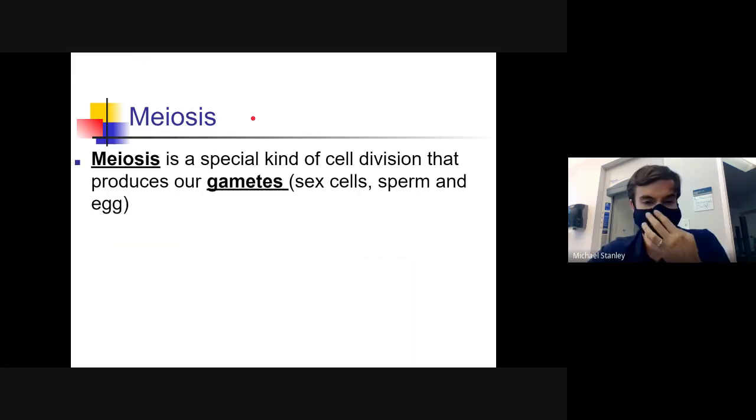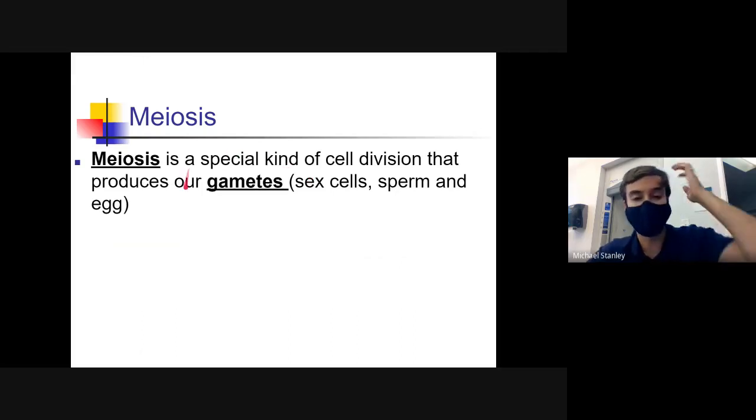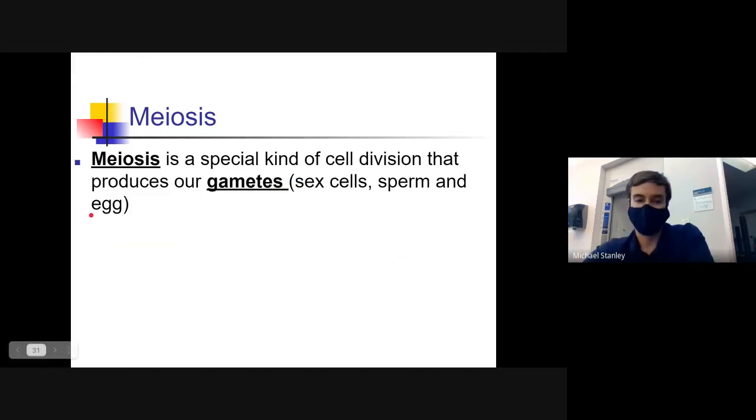So meiosis is a very specialized version of cell division, because meiosis is what produces our gametes. So in humans, we have sex cells. So if you're a male, you produce sperm cells. And if you're a female, you produce egg cells.